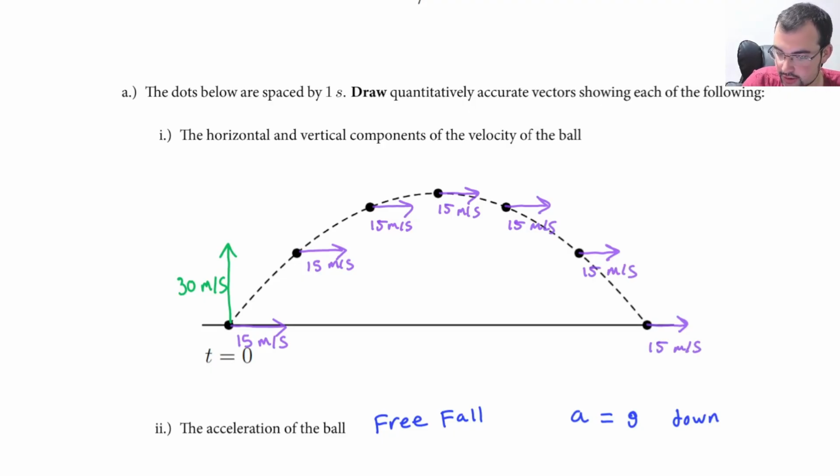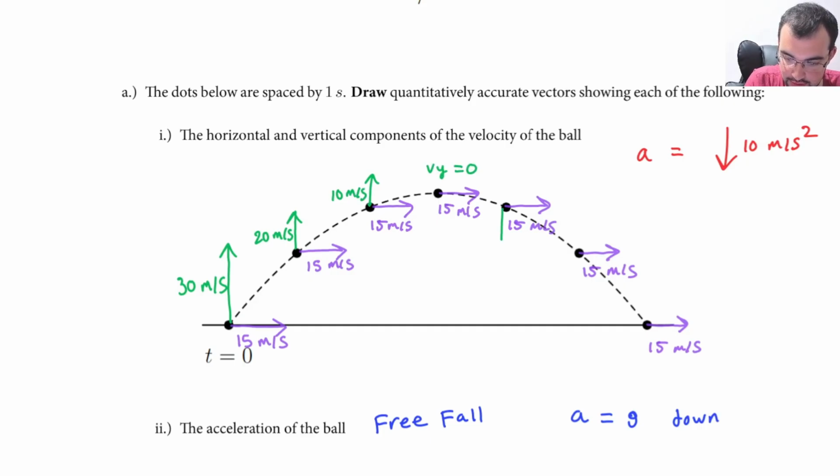And now we will deal with the vertical. So every second we add our vector, 10 meters per second down, or negative 10, if you will. So 30, positive 30 plus negative 10 would be 20. Positive 20 plus negative 10 is 10. Positive 10 plus negative 10 is 0.